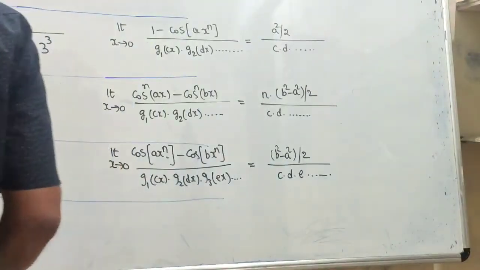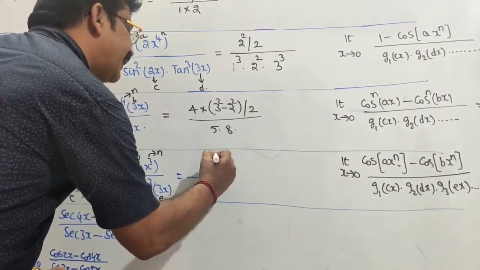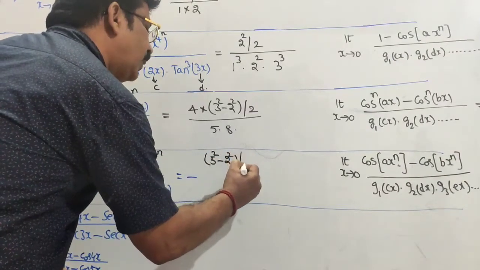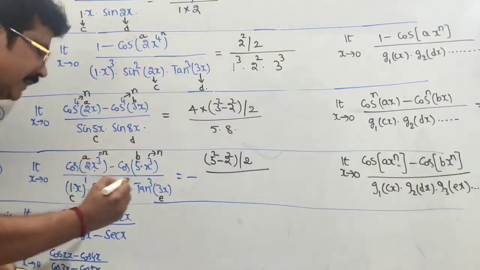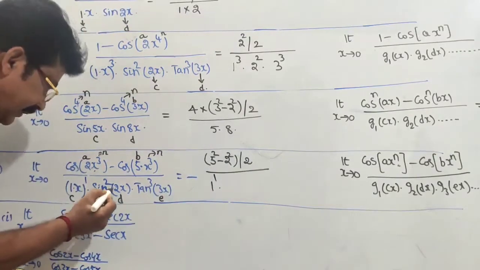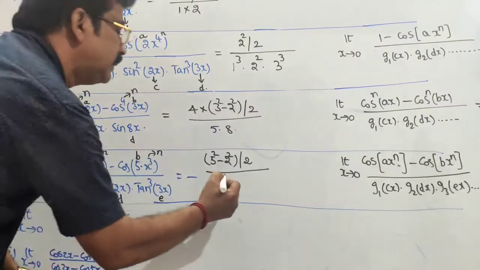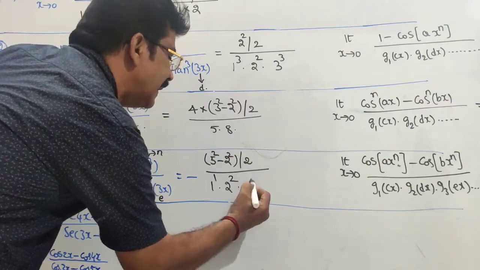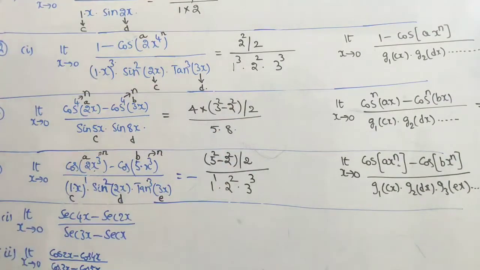So here b square means 5 square minus 2 square, whole divided by 2, whole divided by x coefficient 1, its power 1. Next x coefficient 2, its power 2. Next x coefficient 3, its power 3 or degree 3. This is the shortcut.